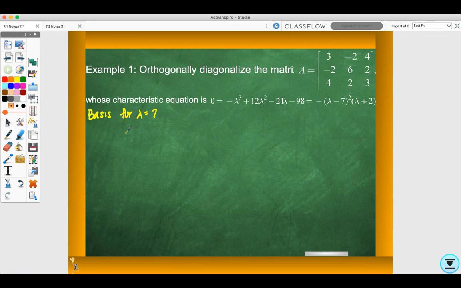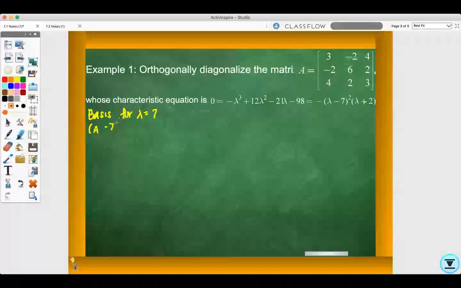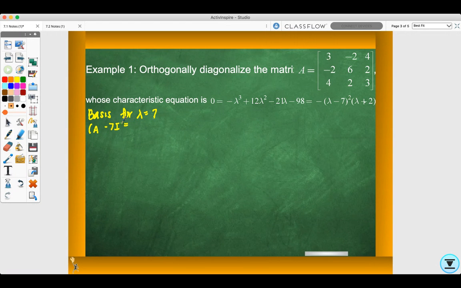Let's start with a basis for lambda equals 7. So we need to solve (A minus 7I) x equals 0.